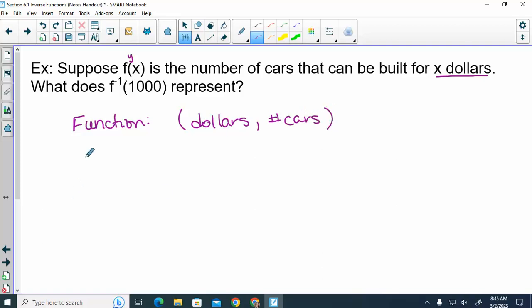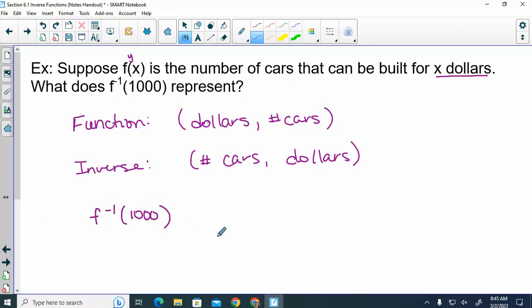So think about what you know about inverses. What would the ordered pairs in the inverse represent? Number of cars to dollars. So I want a sentence for what f inverse of 1,000 represents. The 1,000 is the x value of the inverse, which is the number of cars. This whole thing represents the y in the inverse, which is the dollars.